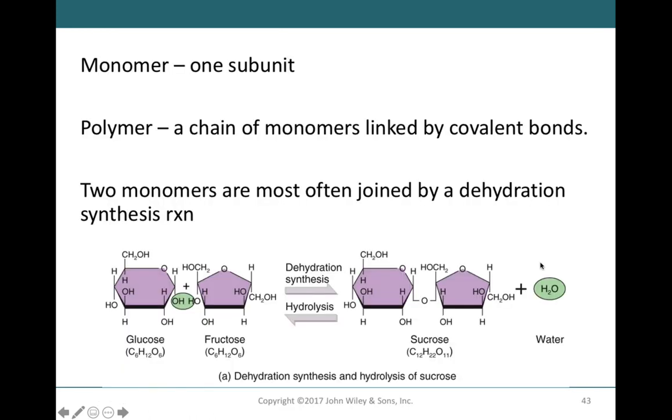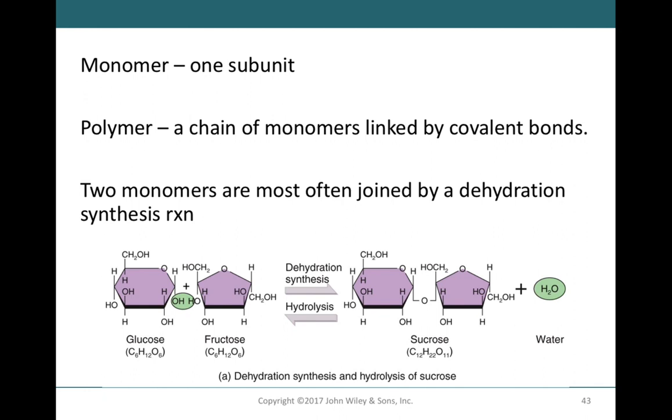So there are a few different terms that I want us to get into here so that we can understand organic compounds. When I use this terminology, I want you to understand what I'm saying. A monomer is a single subunit of one of these different types of organic compounds. Lipids will have monomers, carbohydrates will have monomers, and so will proteins.